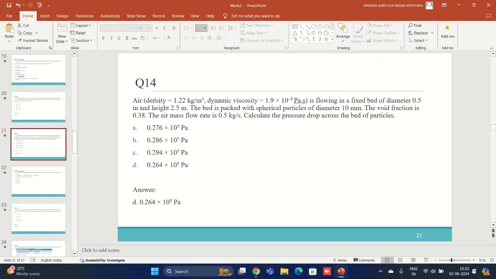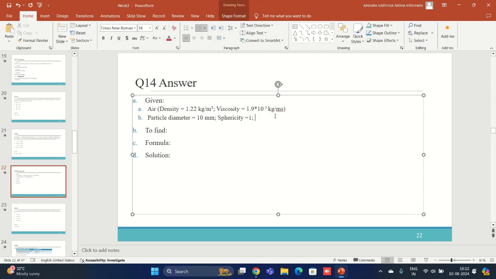And what else is given? Density, viscosity, and a fixed bed of diameter 0.5 and height 2.5. Bed diameter is equal to 0.5 meter and height 2.5 meter.